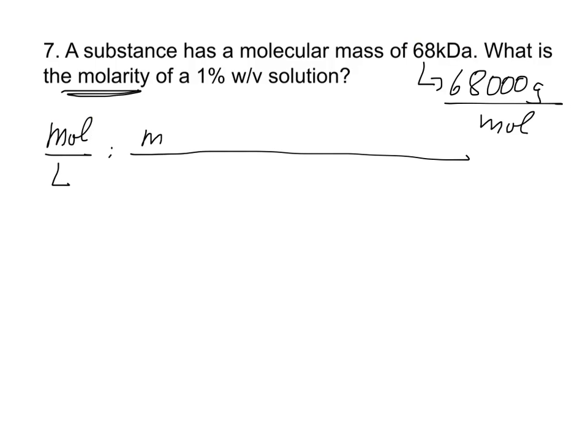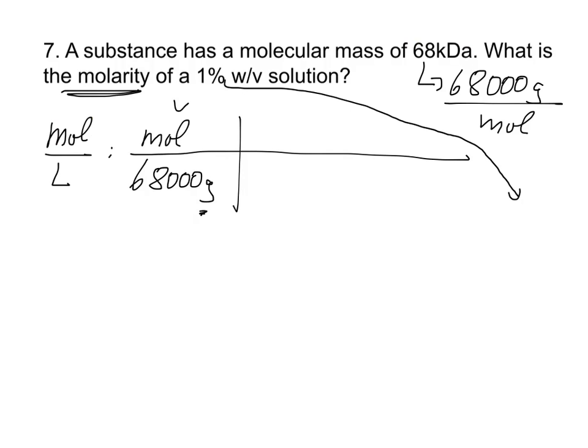We have mole divided by 68,000 gram. So the mole is okay, but now we have to deal with this gram. Do we have grams anywhere? Yes, we know that in 1% solution, this means 1 gram per 100 milliliter of a solution, or we can write this as 1 gram over 0.1 liter.